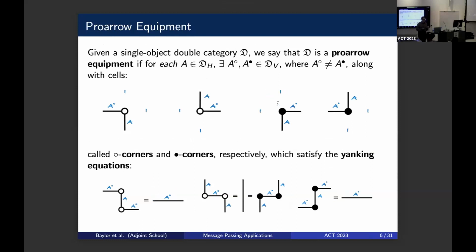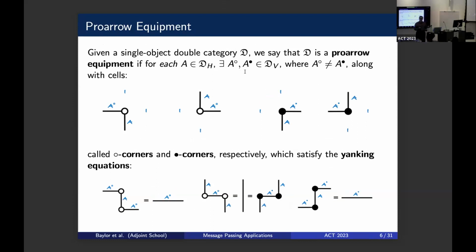The second structure we'll need is a pro-arrow equipment. So a single object double category is a pro-arrow equipment when for every object in our horizontal monoid, we have this A white circle and A black circle in our vertical monoid, and we have these four cells.